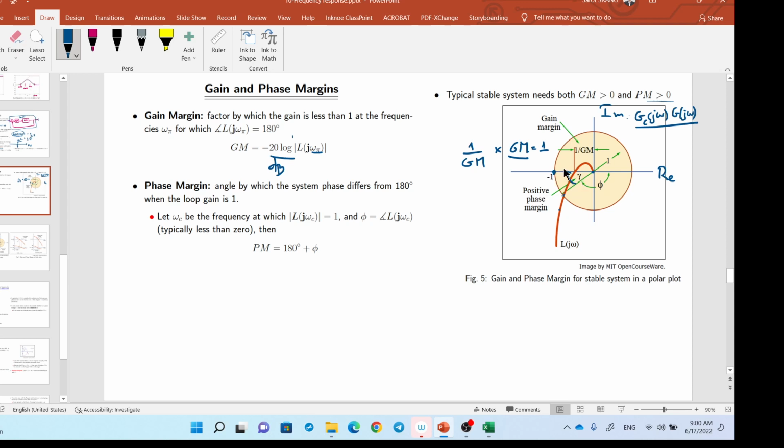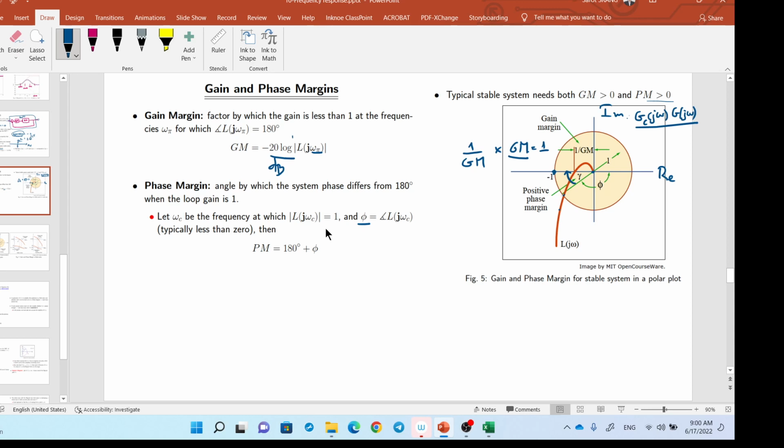And this gamma is called the phase margin. So we can compute the phase margin.